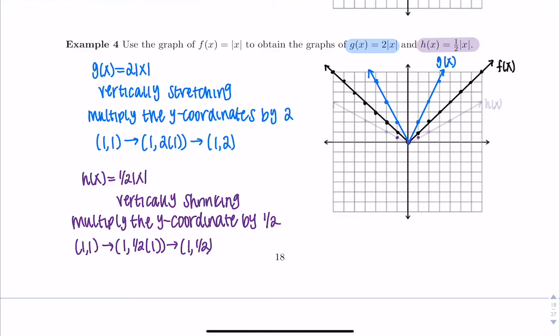Still going to have 0, 0. So instead of having 2, 2, we're now going to have 2, 1. Instead of having 4, 4, now we're going to have 4, 2.